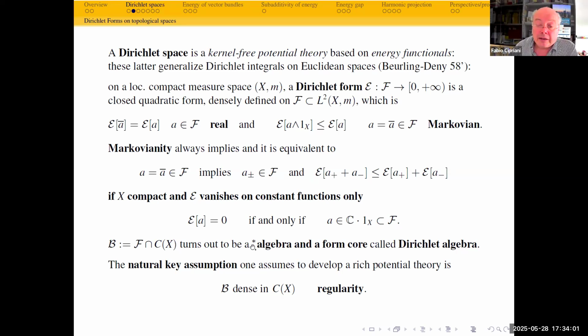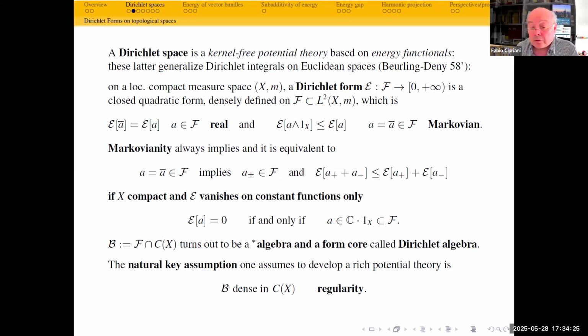Already Beurling and Deny in their first seminal papers pointed out the fact that the intersection between the domain of the quadratic form and the continuous functions is an algebra, an involutive algebra, which is a form core for the quadratic form.